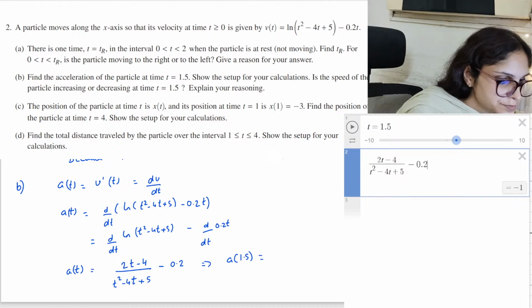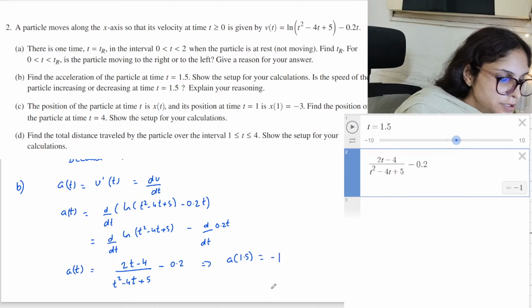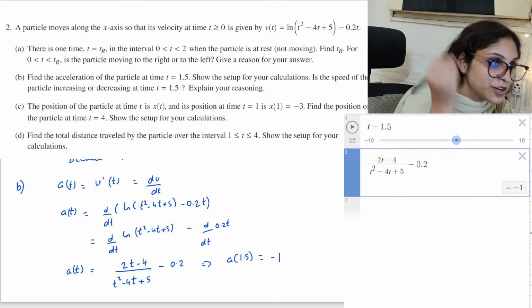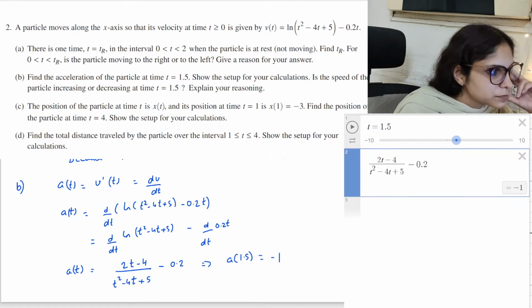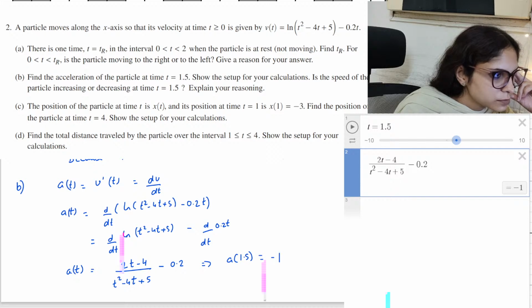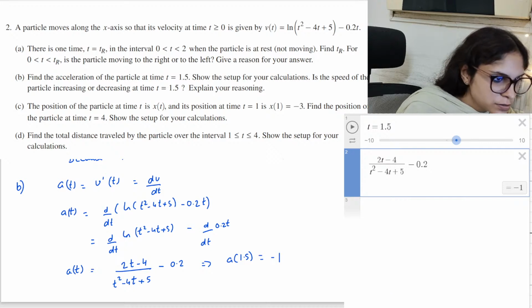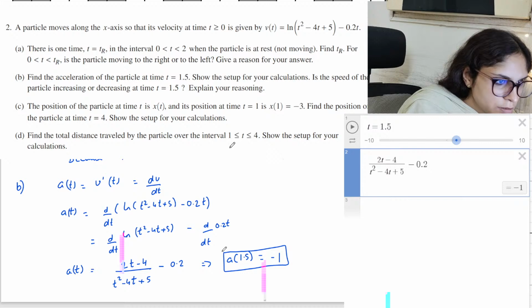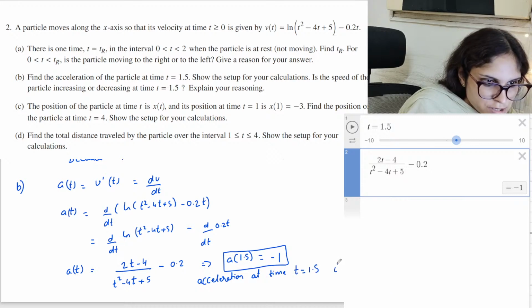It's negative 1. And again, the units are not given for velocity, so we cannot find the units for acceleration as well. So acceleration at time t is equal to 1.5 is negative 1.